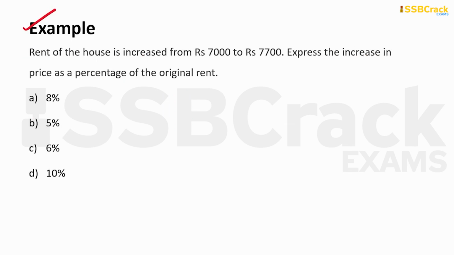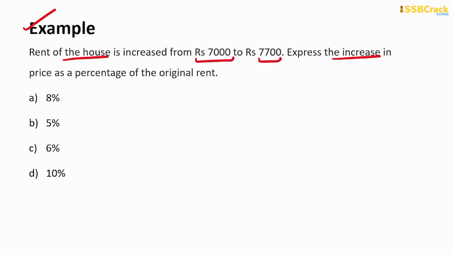So this is the example and it states that the rent of the house is increased from 7,000 to 7,700. Express the increase in price as a percentage of the original rent. So we have to find the percentage increase in the rent and we know the formula.